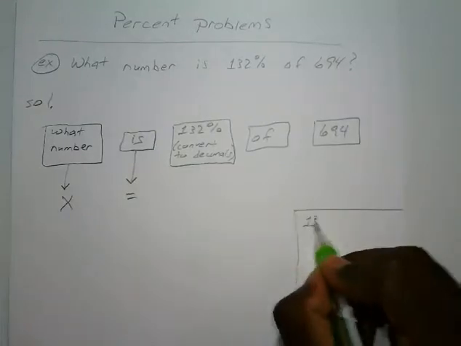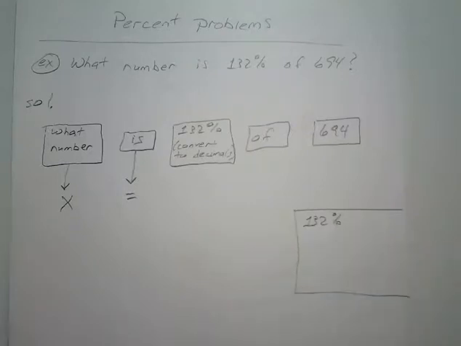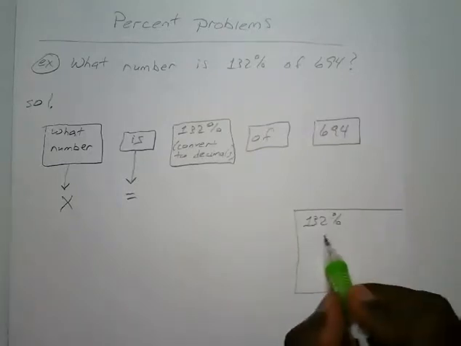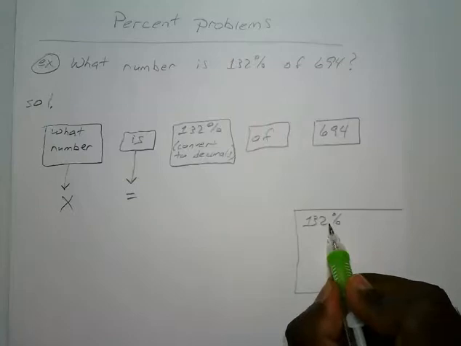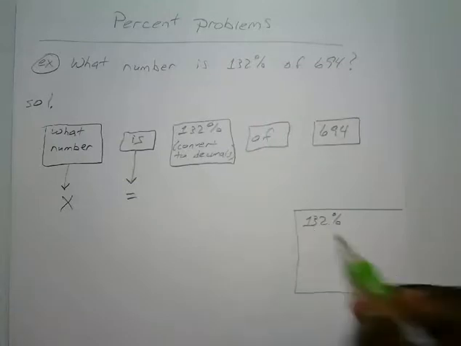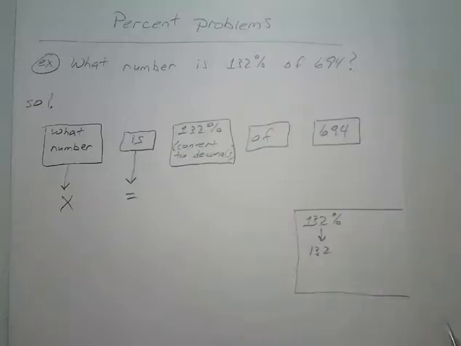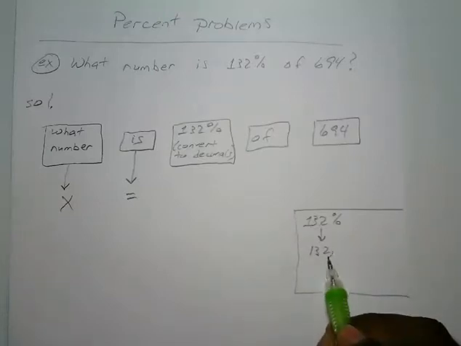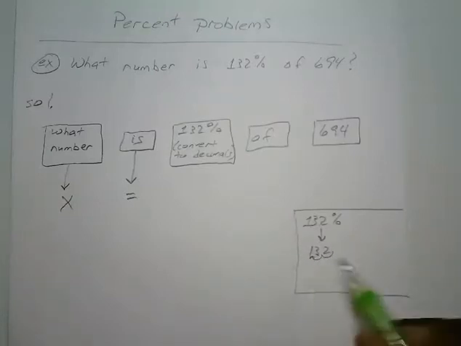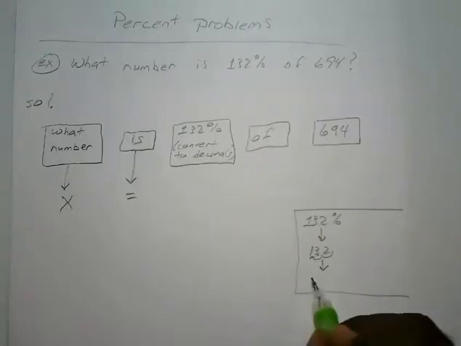So 132%. If you get the decimal, which will be at the end, and move it 2 spaces to the left, so 132, and move 2 spaces to the left, you get 1.32.